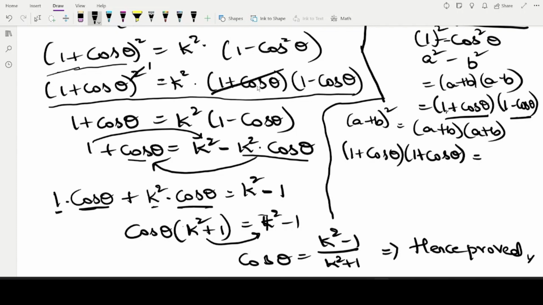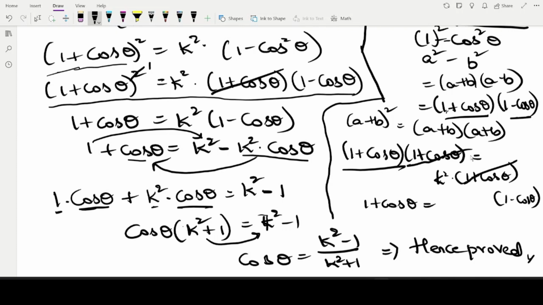On the other side, you have k square into 1 plus cos theta into 1 minus cos theta. When one 1 plus cos theta gets cancelled on both sides, you are left with 1 plus cos theta equals k square into 1 minus cos theta. The same thing you can see here.